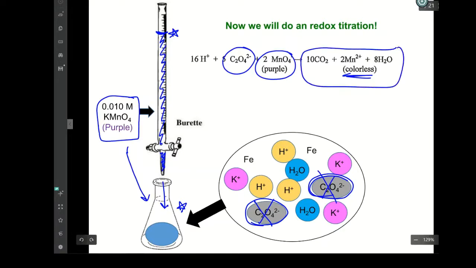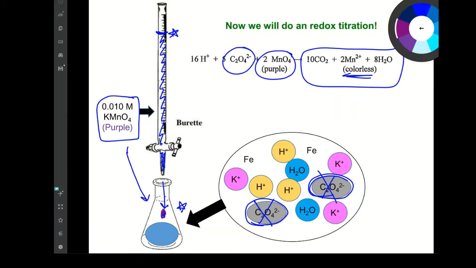And then at some point all the oxalate is going to be gone, and if you add one more drop of your potassium permanganate, which I'm not showing very accurately here, it's a dark purple color, your solution is going to turn colors because there's nothing left to react with. So this excess is not going to form colorless manganese 2+, it's just going to be hanging out.